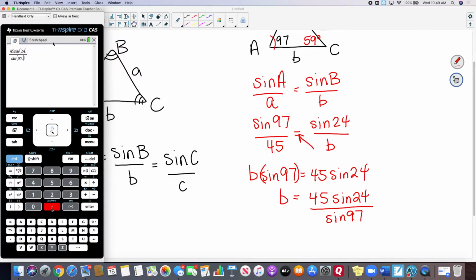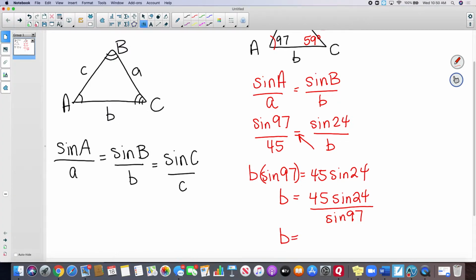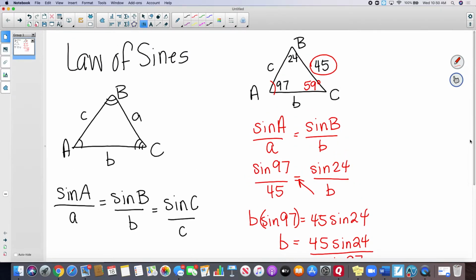You don't have to do that on your calculator. I'm working on getting the same version calculator as you have, but this will work for right now. So side b is equal to 18.44. We're going to round these to the nearest hundredth for right now.